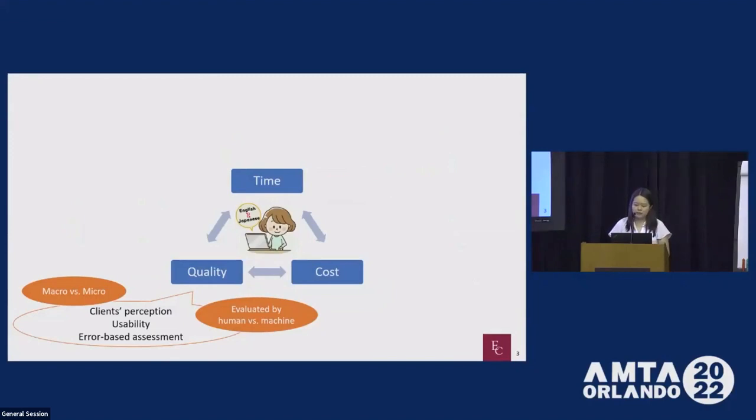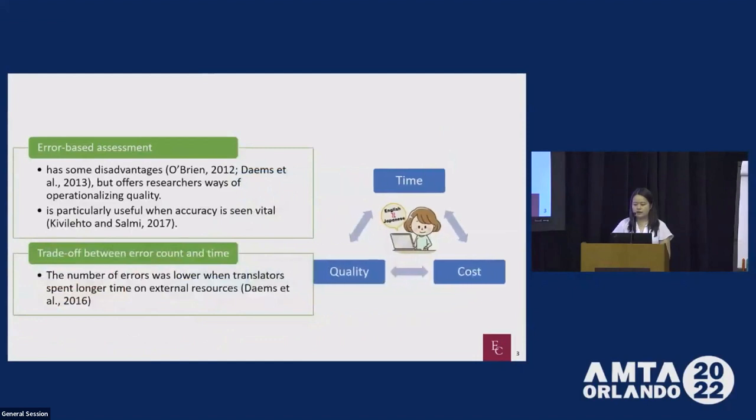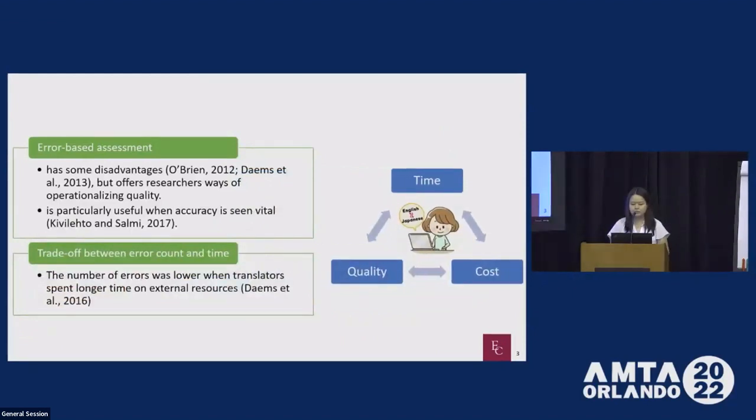In this paper, I decided to use error-based assessment to define translation quality. Although this type of assessment may have some disadvantages, such as being too static or lacking a holistic view, I believe that it is one of the valid methods to operationalize quality, especially when we focus on accuracy.